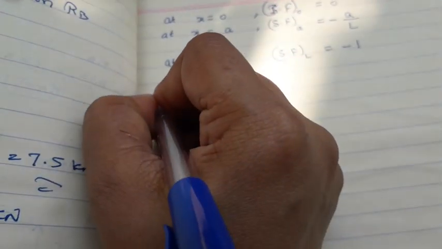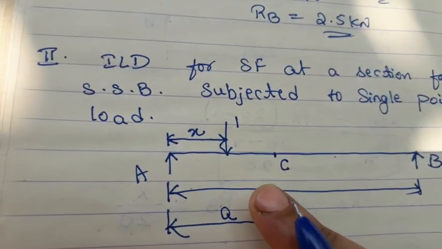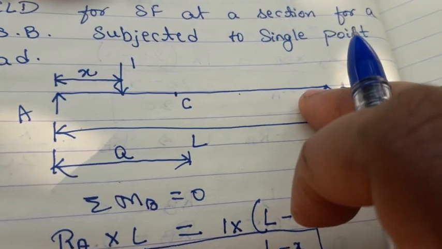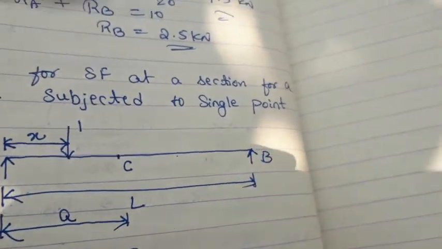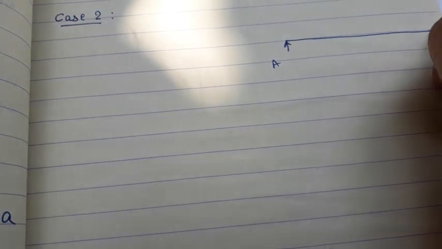Now let us consider case 2, where the unit load moves from portion AC towards CB. That is the case 2 condition, that is, the load moves from AC portion to CB portion.